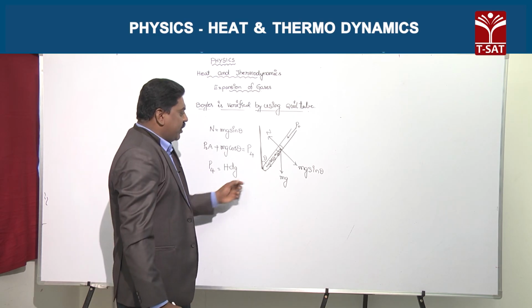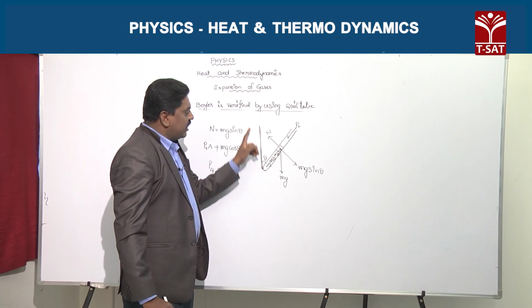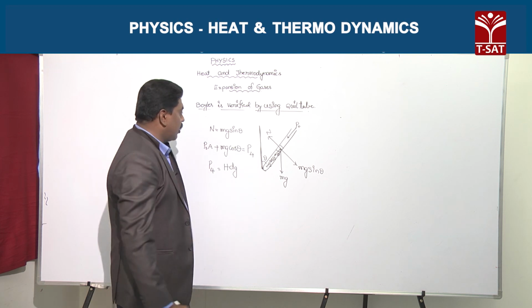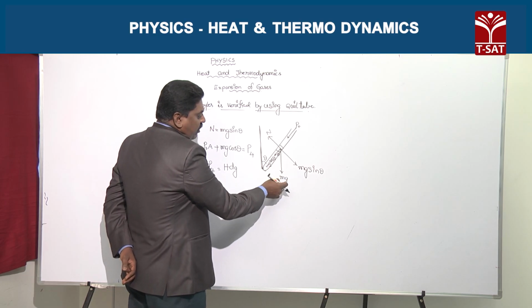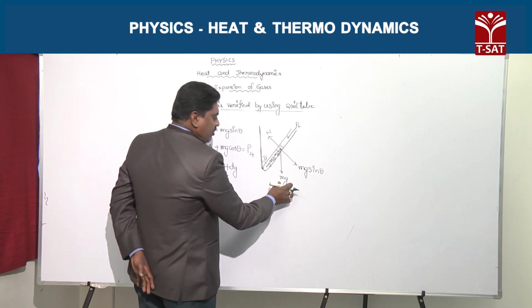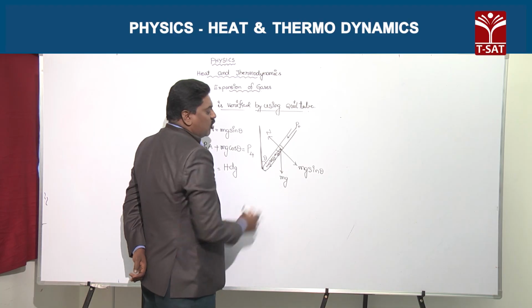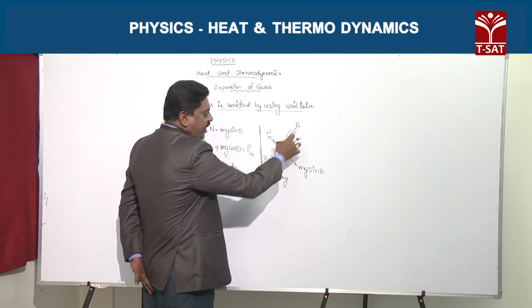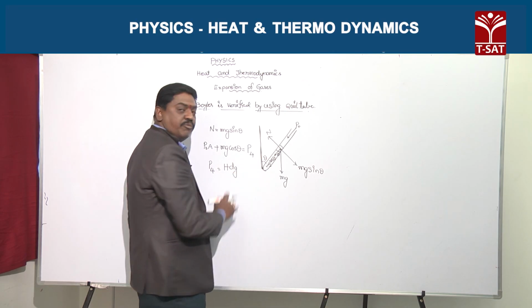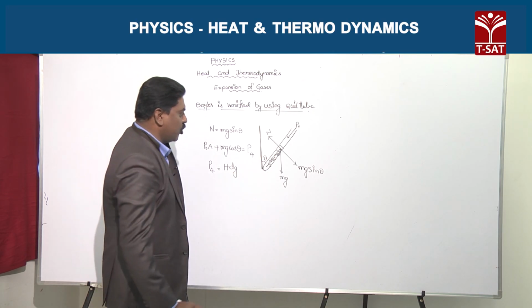Let the capillary tube be arranged at an angle theta with the vertical. The weight of mercury is acting vertically downwards, which is mg. Resolving into components, we get mg sin theta and mg cos theta. Mg sin theta is perpendicular to the tube and mg cos theta is along the tube.